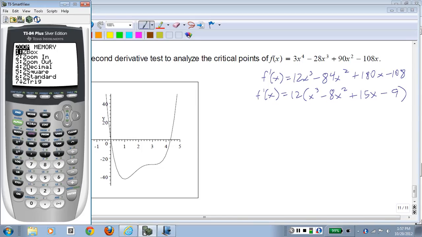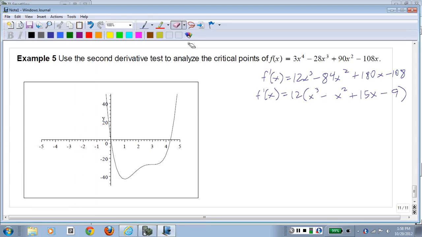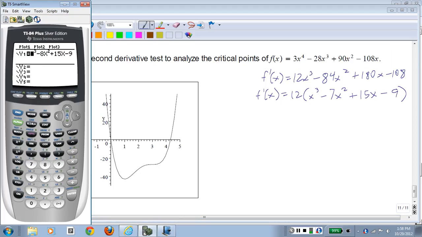I think I messed that up. 12 times 7. 12 times 7 is 84, yes? Try that. Aha.